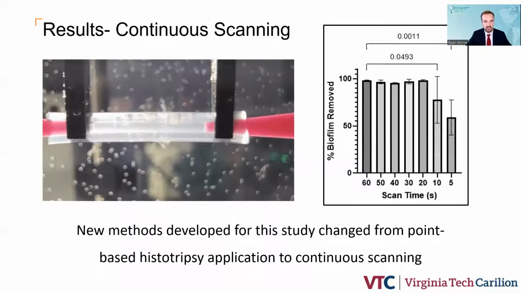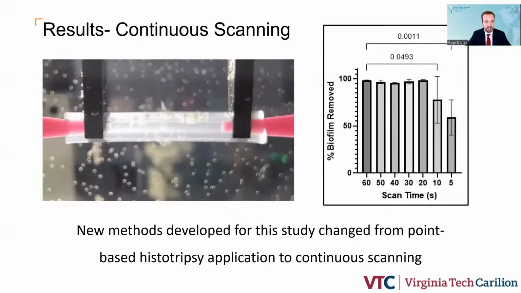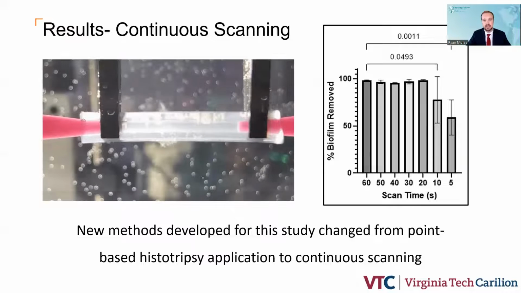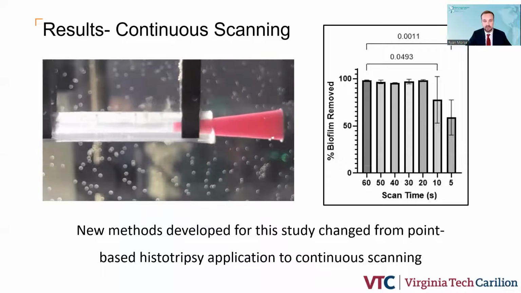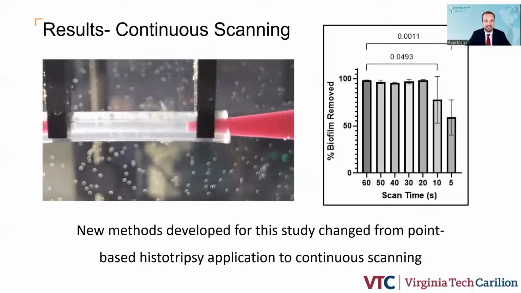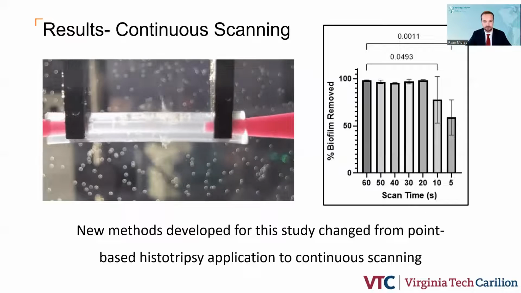Our next experiment looked at moving to continuous scanning. This was done to both increase the efficiency at which histotripsy was applied, as well as to further try to quantify the minimum required dose to remove biofilm. So as you can see on the graph on the right, we started off with a 60-second scan along the length of a 2.5 centimeter catheter.